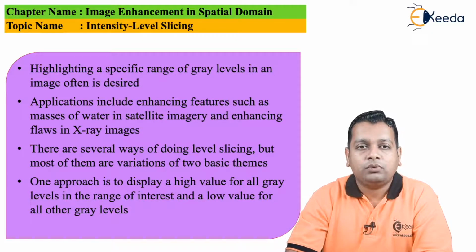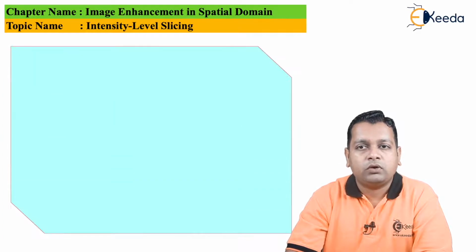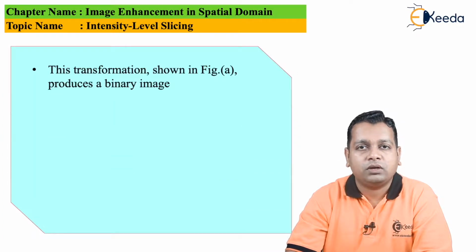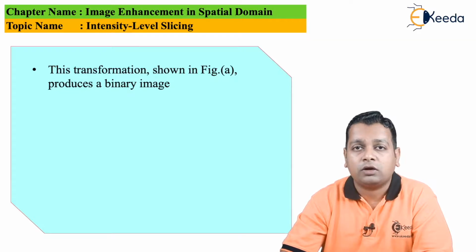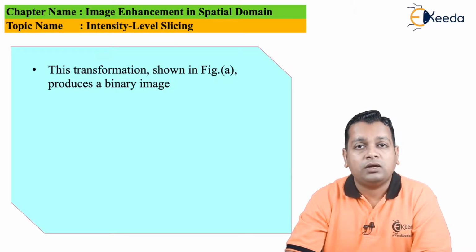In that first approach, as we can see in the transformation on the next slide, we obtain a binary image. Discarding the gray levels at lower intensities that are not of interest and highlighting the range of interest will separate the gray levels into two logic levels, and we shall obtain the binary image in this case.